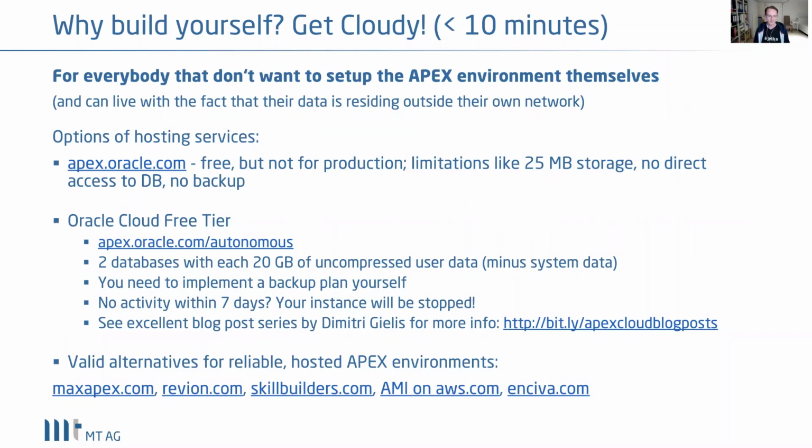Possibly this list isn't complete yet, but Max Apex, Reference, Skill Builders, Encifa, but also a machine image on AWS is available with Apex. So if you're looking for a ready-to-go environment with Apex for a small budget, that can be a really good alternative. Otherwise, I would say you go for the Oracle Cloud Free Tier. So this is all about the cloud options you may have.